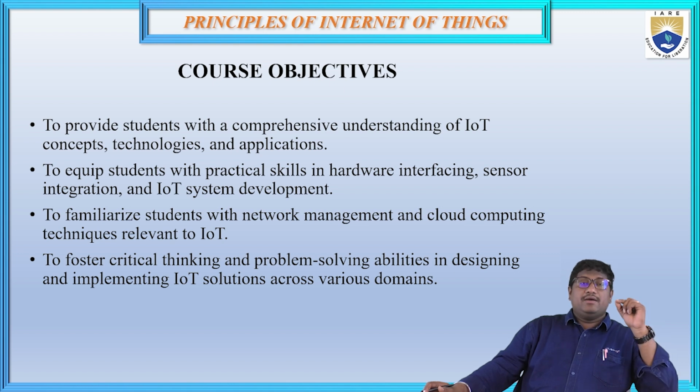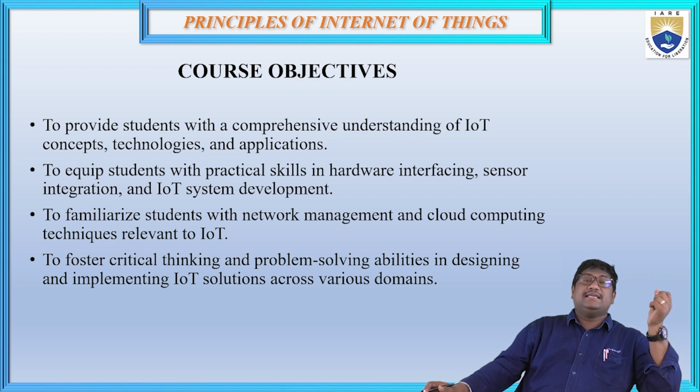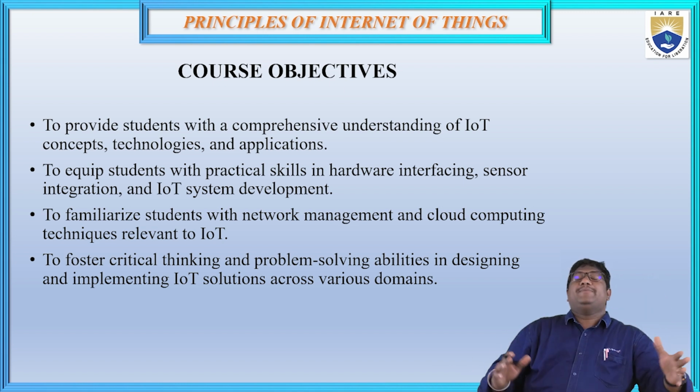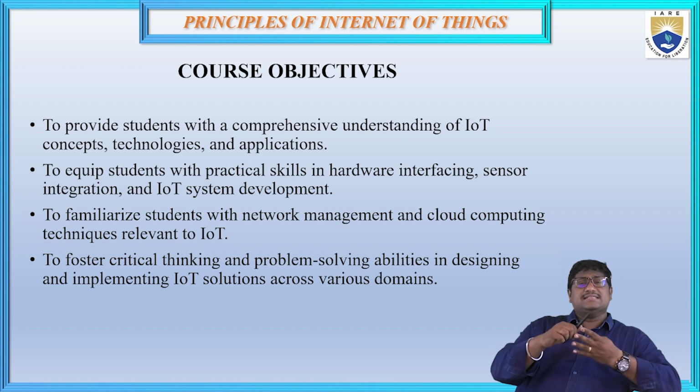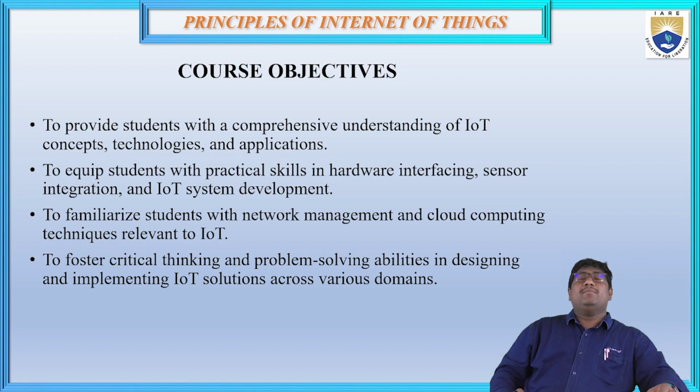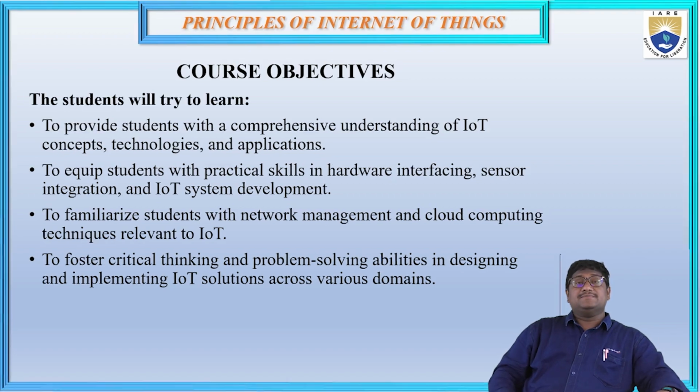Along with this, we are fostering critical thinking as well as problem-solving abilities for the students to improve their design and implementation skills in IoT solutions across multiple domains. As I told you, in IT sectors, in home automation, in personal systems, in organizations, multiple domains are there for our IoT.